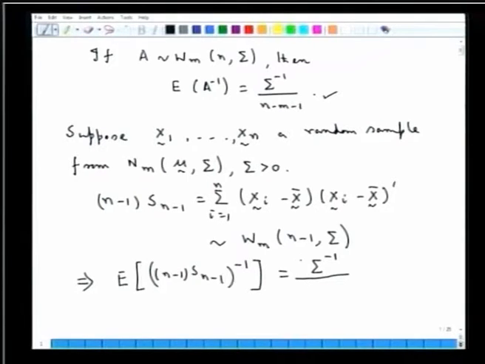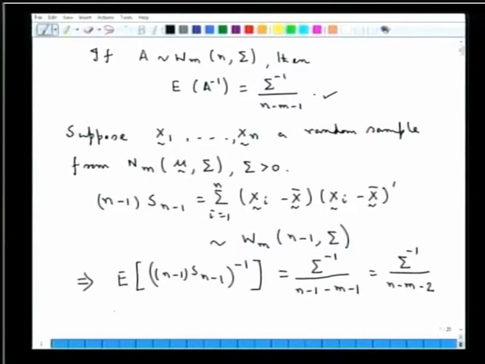Here n is the degrees of freedom of the Wishart distribution, which is n minus 1, so we have n minus 1 minus m minus 1. So this is equal to sigma inverse divided by n minus m minus 2.